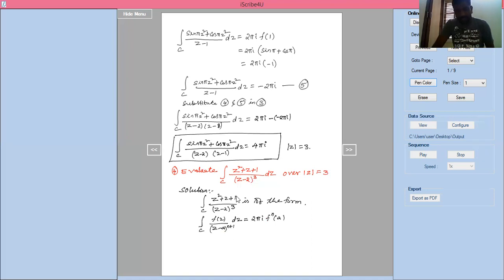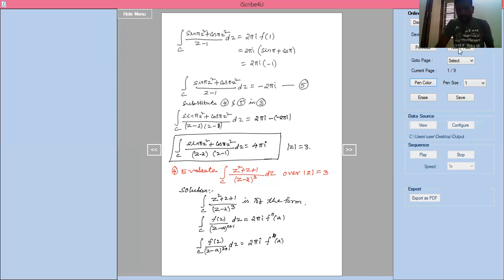Here 3 is there; I'll write 3 as 2 plus 1. So the integral over C of f of z divided by (z minus a) whole cube, which is 2 plus 1, dz equals 2 pi i times f double dash of a.